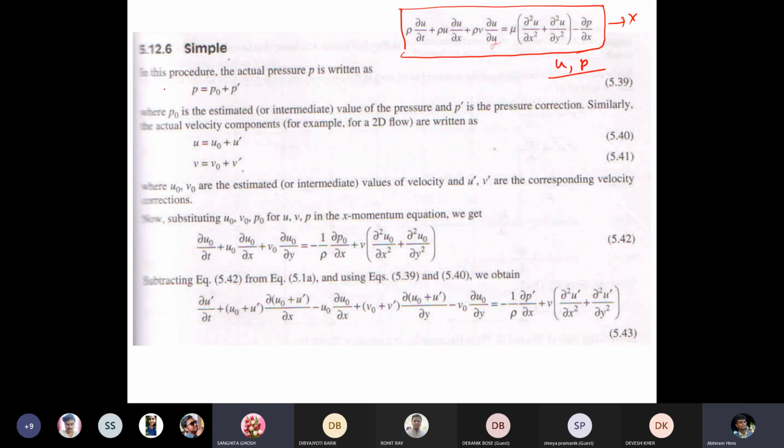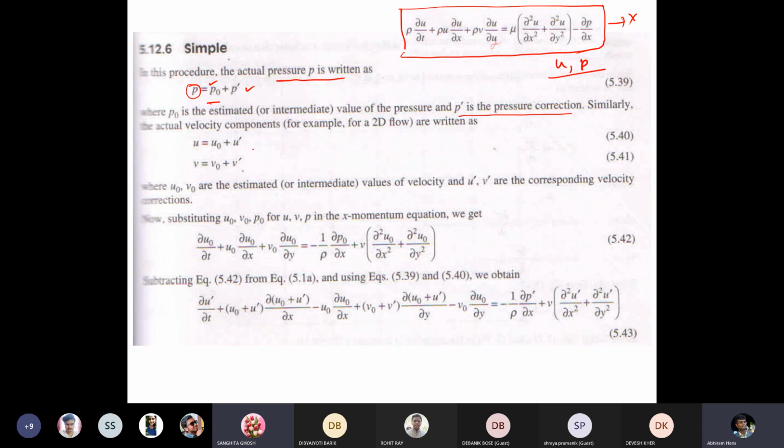Note it, in this procedure the actual pressure p is written as p equals p0 plus p dot. Note this very carefully: p0 plus p dot, where p0 is the estimated or intermediate value of the pressure and p dot is the pressure correction. In the estimated value you are taking some gauge value, etc. And if you add the correction term, then you will get the exact pressure that satisfies the equation.